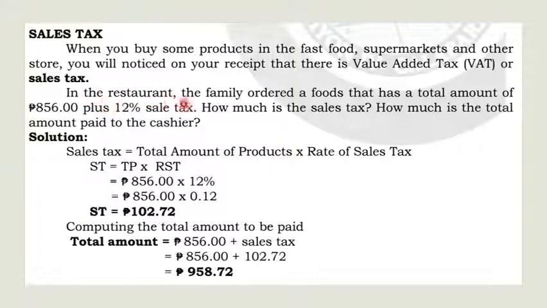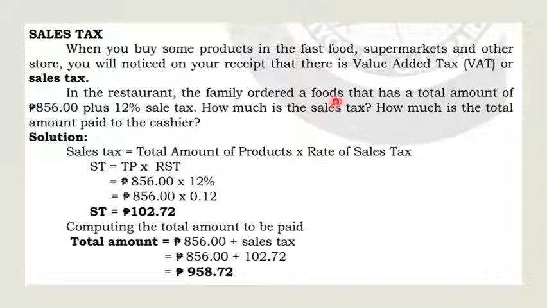So, in the restaurant, the family ordered a food that has a total amount of 856 pesos plus 12% sales tax. How much is the sales tax? So, ito yung total na binayaran. Tapos, may dagdag siya na 12% sale tax.